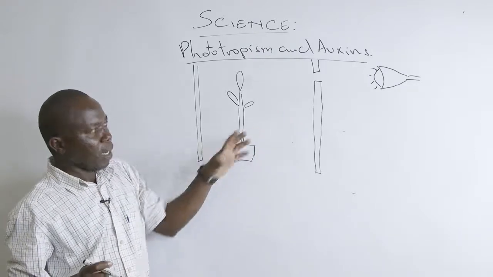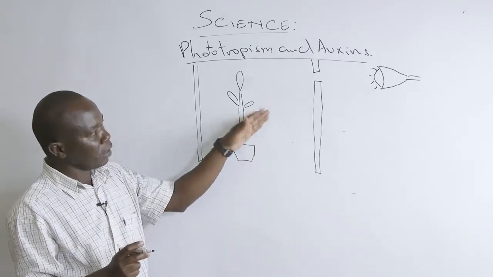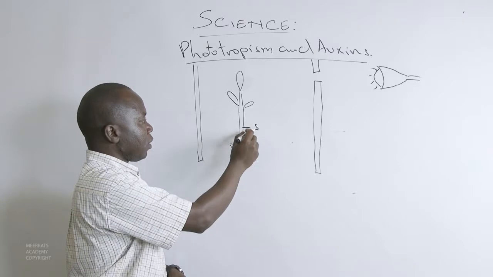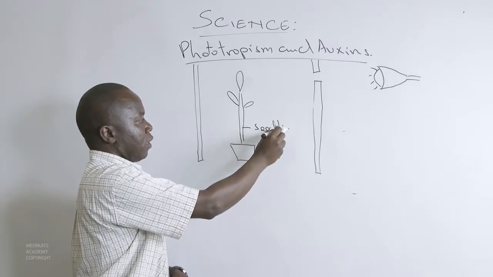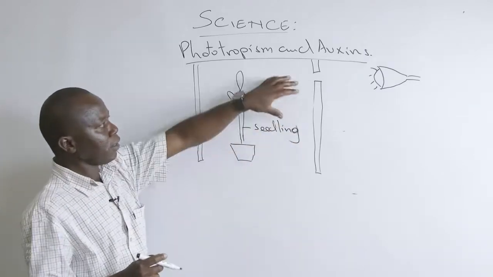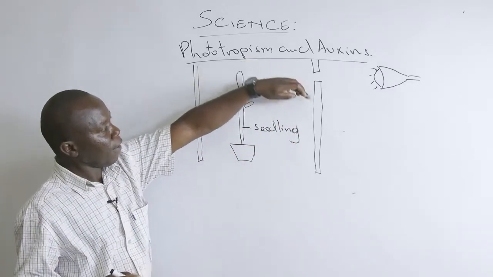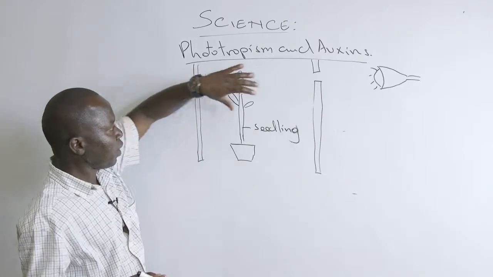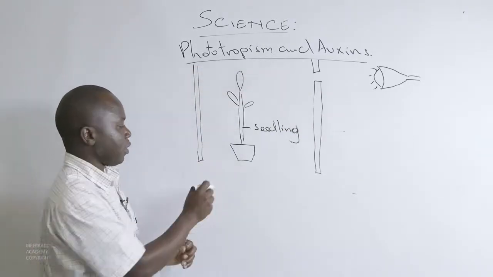So this could be our first setup of the experiment. This is the seedling. And then this is cardboard on this side, cardboard on this side, therefore it is in darkness.